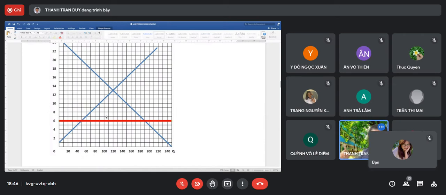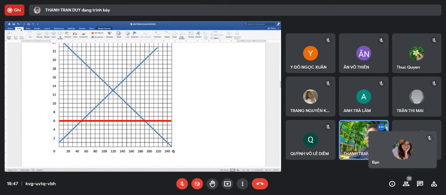Non-binding. Right, exactly. This is a non-binding floor, right? Why do we call this one a non-binding floor? Exactly.